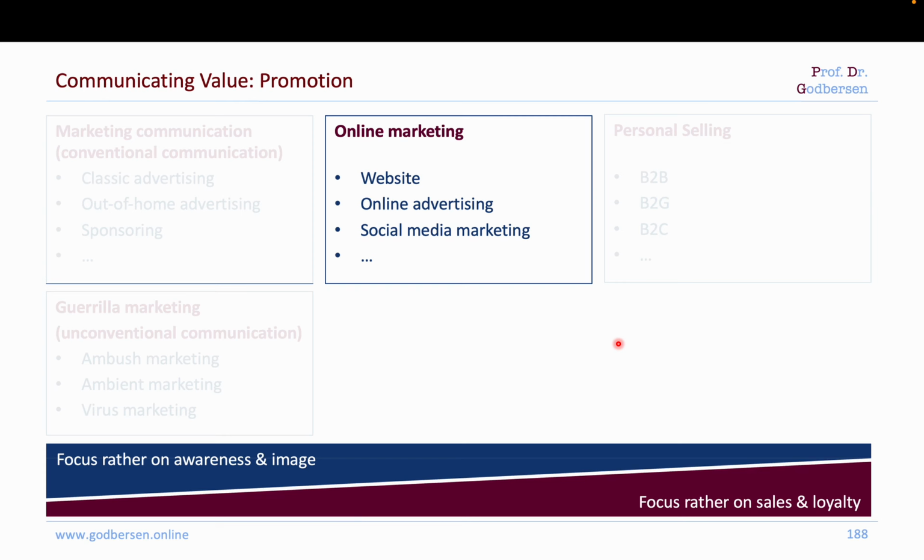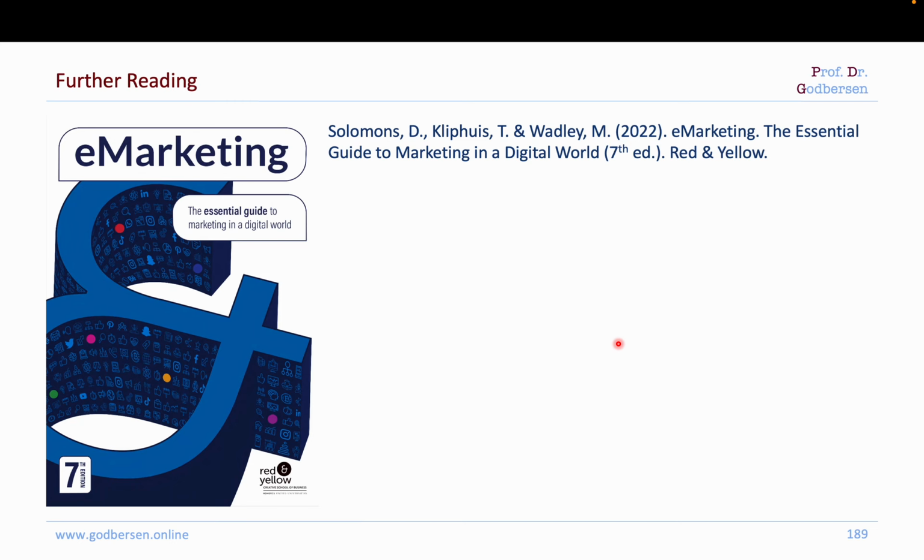Again, in the real world, you should most likely combine this with offline marketing communication. What I'm showing you now is not entirely matching one-to-one, but it's based in parts on what I think is a very good book, E-Marketing, The Essential Guide to Marketing in a Digital World, 7th edition. That is a very good book to have a look at just the online marketing world.